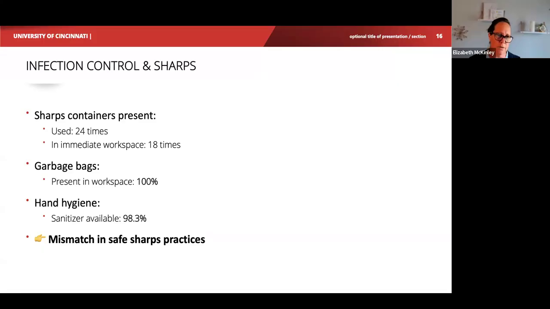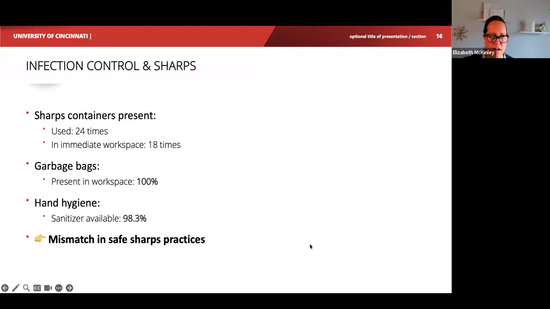I do kind of wonder about that number, and I wonder if that was actually classified correctly. That would be one item that would really be helpful to understand by having an observer in the environment and the worker reporting the same thing. Do they actually classify immediate workspace the same?